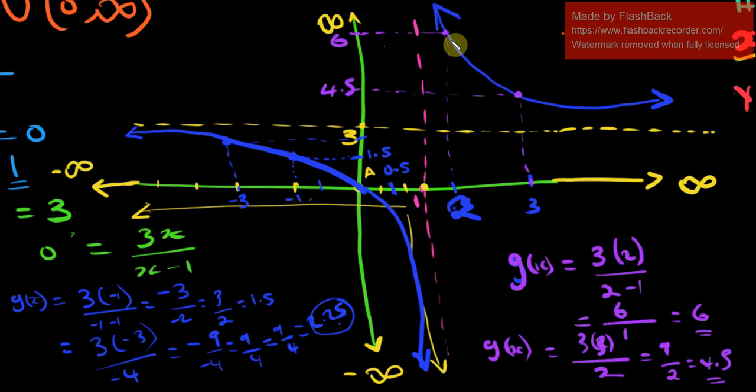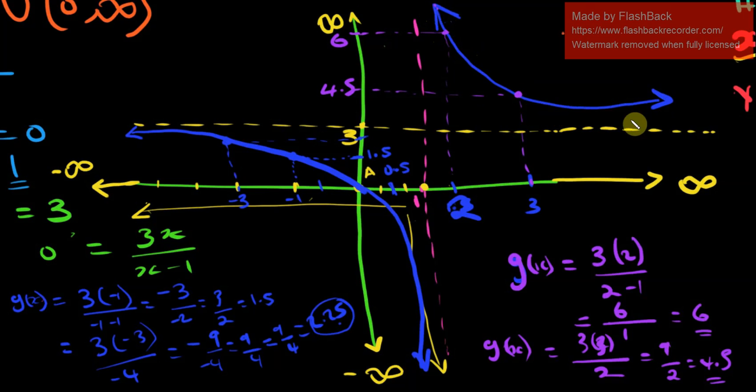Just 2 points are enough to tell us the direction of this graph. On the positive side, after the vertical asymptote, in the first quadrant, the graph approaches the vertical asymptote as y approaches positive infinity.